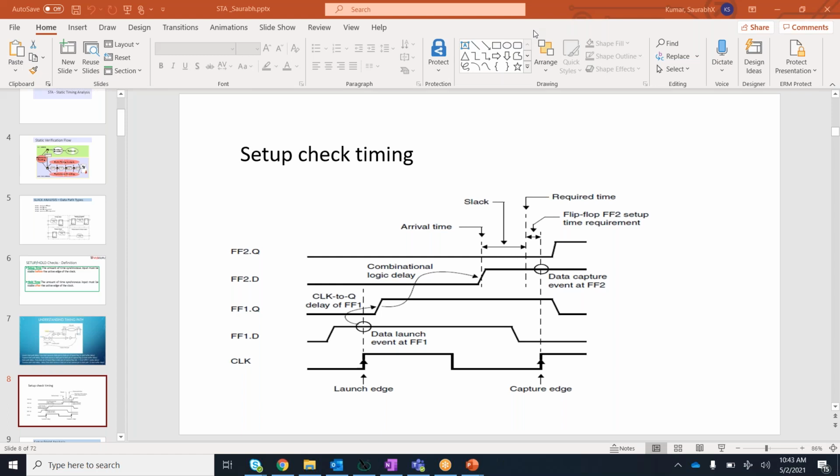We have data going from 0 to 1, and it's propagating here. What data will I have at the flip flop?